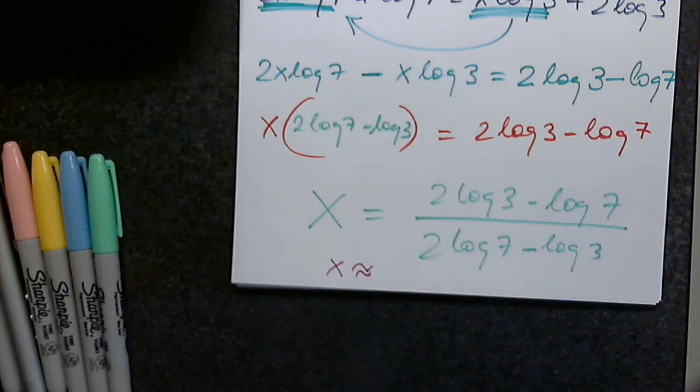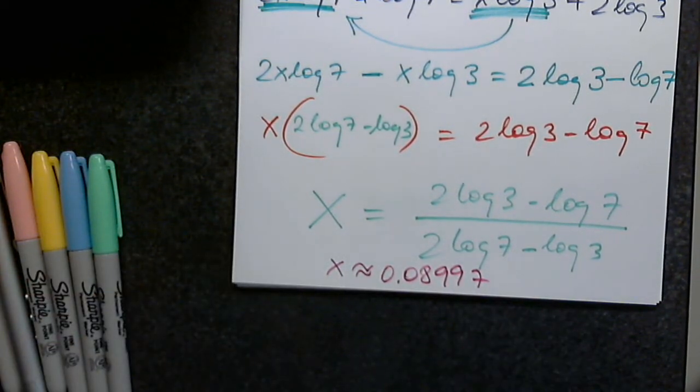Now divided by, in parentheses, 2 log 7, close the parenthesis, and then minus log 3, close, and enter, and it's 0.08997 approximately.